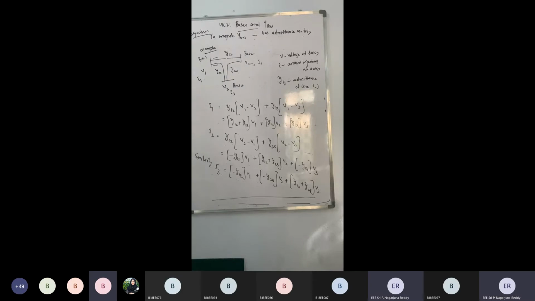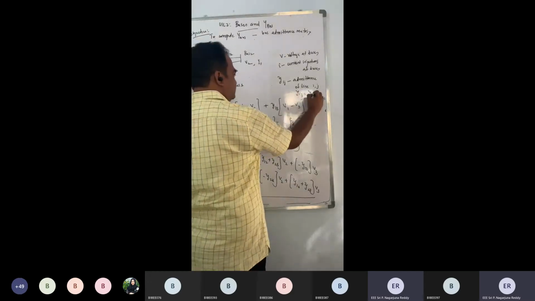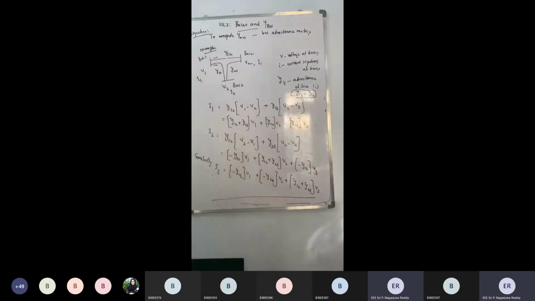Yes, sir. Right. Now I'm writing this in matrix format. See, Yij is equal to Yji because I'm considering it as a bilateral element. So I'm writing Y12 is equal to Y21. So I have written this equation.